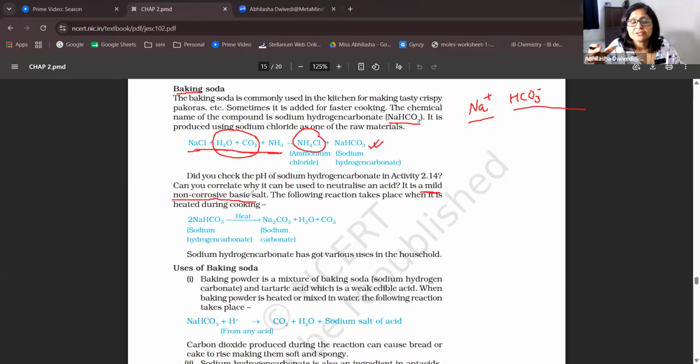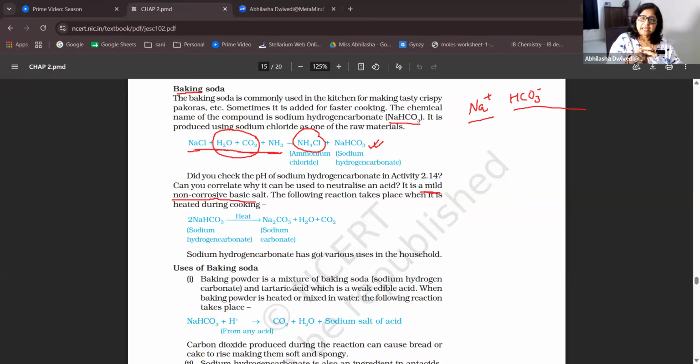Because of some kind of food or infection, if the pH gets lower, or you have acid reflux, sodium hydrogen carbonate could be a very useful thing to have at home. So that is important to understand.